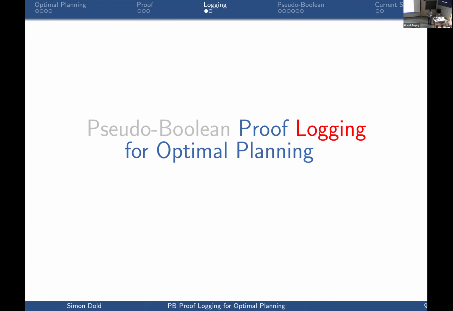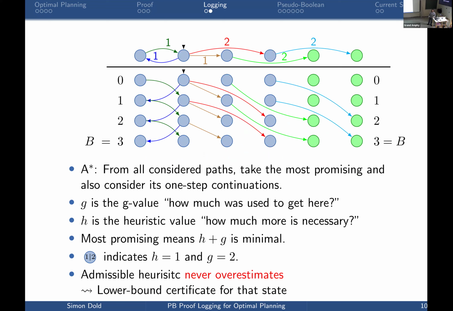Okay, now we come to the logging part. There we also have to look at how the planning system finds optimal plans. There are different approaches.